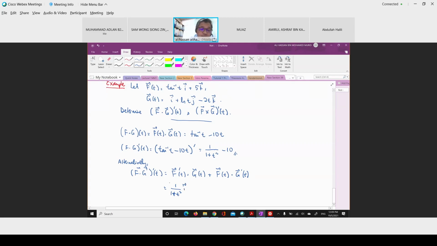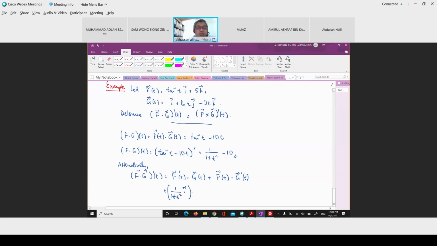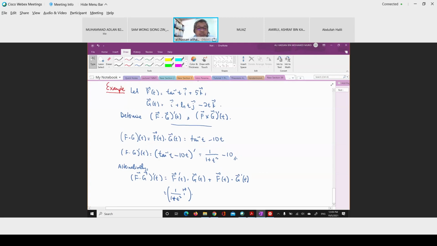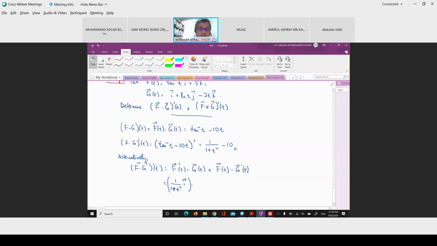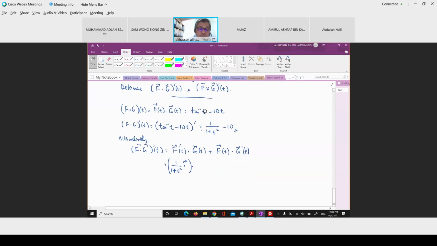That's all, because 5 is a constant, and if you differentiate 5, you get 0. What is G? G is given as i plus ln t j minus 2t k. This is the dot product.